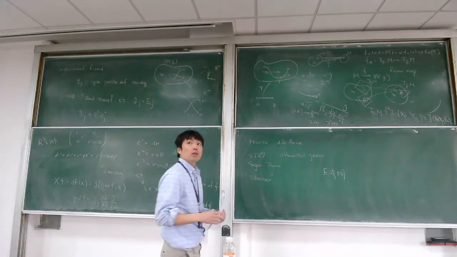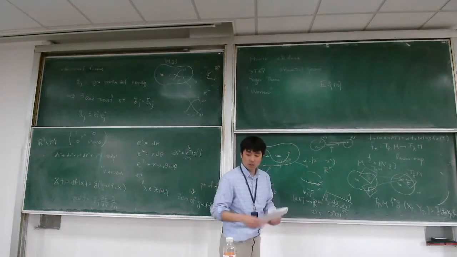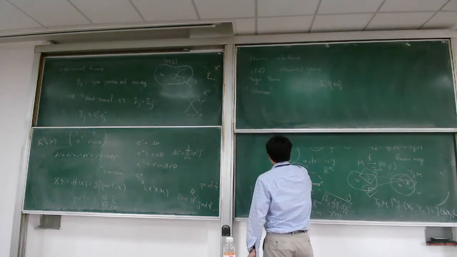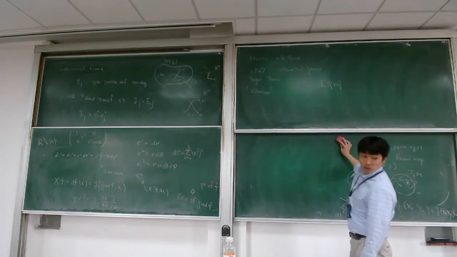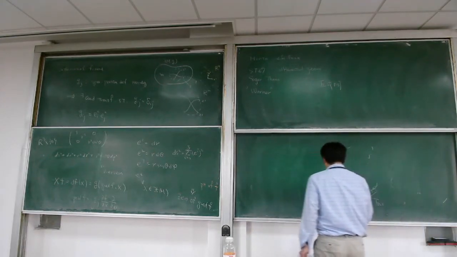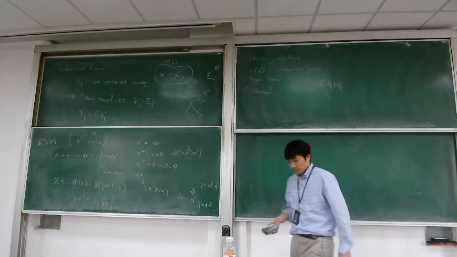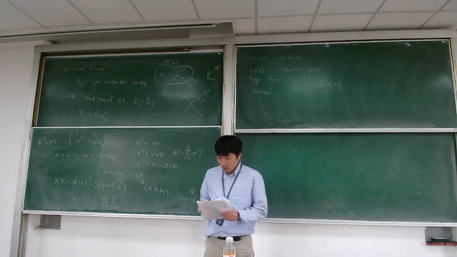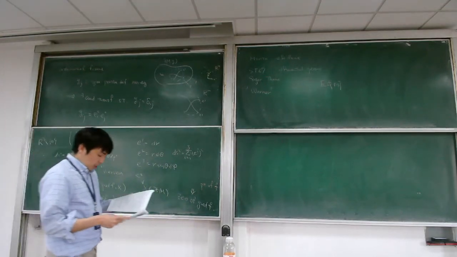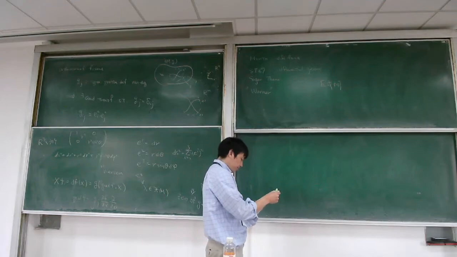Okay, so let's talk about Hodge theory a little bit. Once you introduce a Riemannian metric, one can consider the so-called Hodge star.